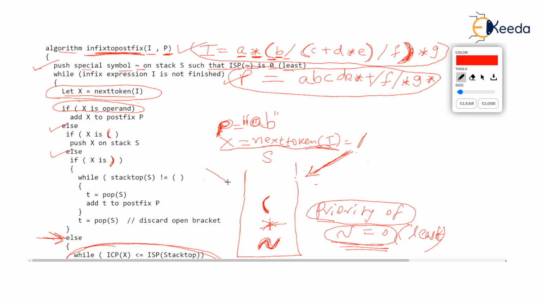But when the same open bracket is on the stack, it has very low priority. Then whoever is coming in will surely have high priority. And you know, the rule is incoming operator must have higher priority than the in stack symbol. So slash has higher priority than the in stack operator.